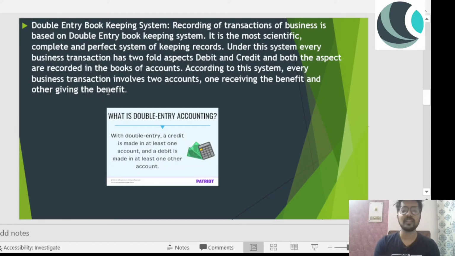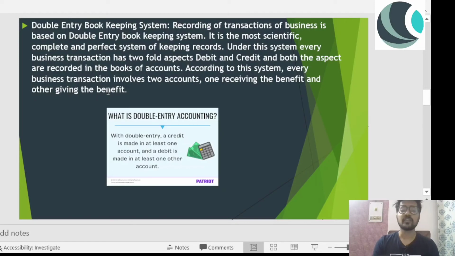So certainly they are clueless when I ask them what is the double entry bookkeeping system. They give different answers, and certainly not much of the response makes sense. So we'll talk about the double entry bookkeeping system. I know most of you must be thinking that this is very basic, but you have to make sure that you don't miss out on easy questions at all.